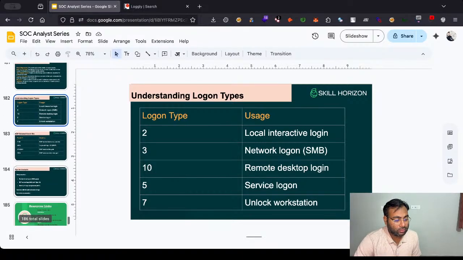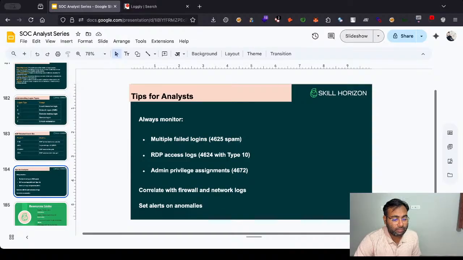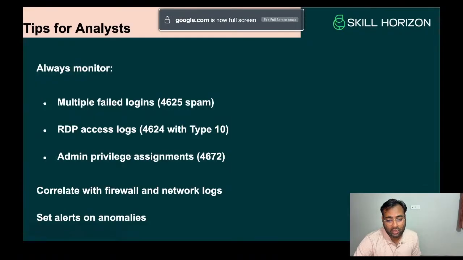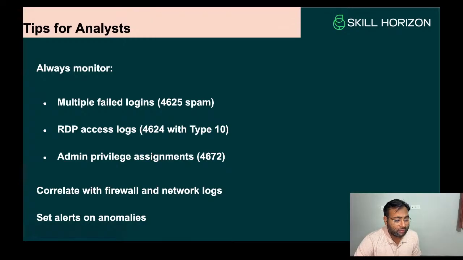Okay, so there are some certain tips for SOC analysts regarding the Windows events. Always monitor 4625, maybe multiple failed logins, the RDP access log, and the admin privilege assignments like 4672. There are certain event IDs which are very important.